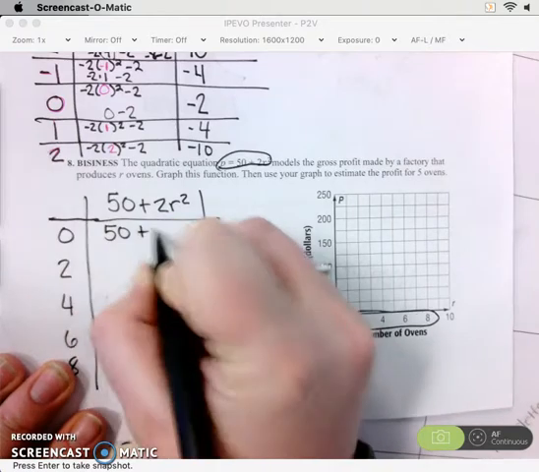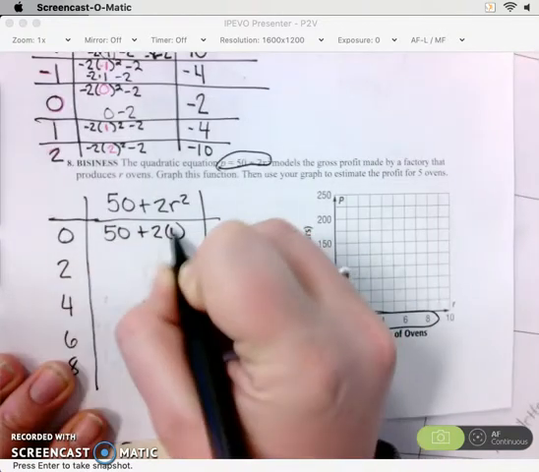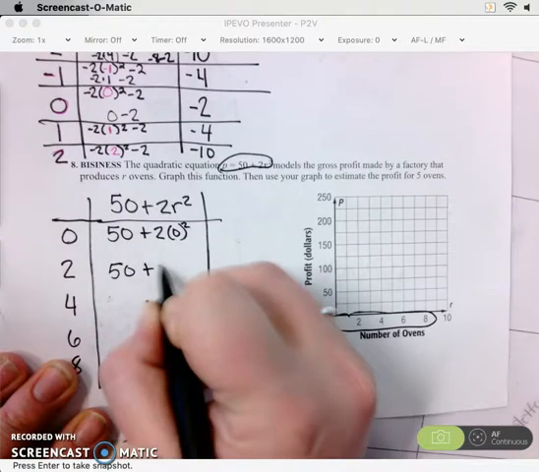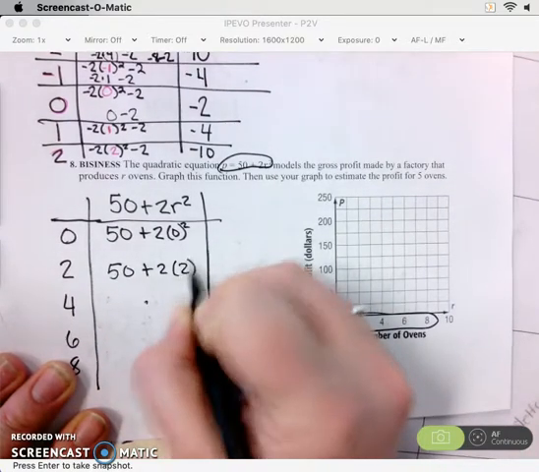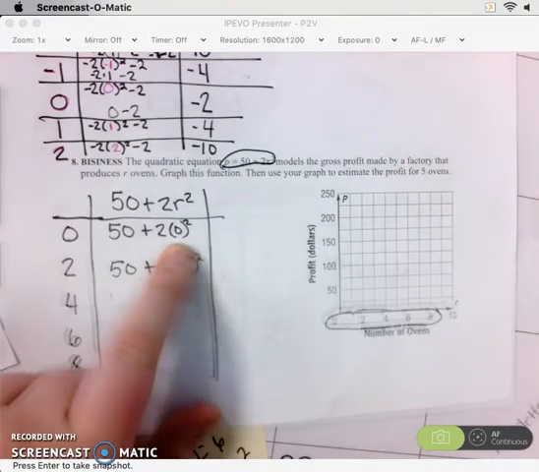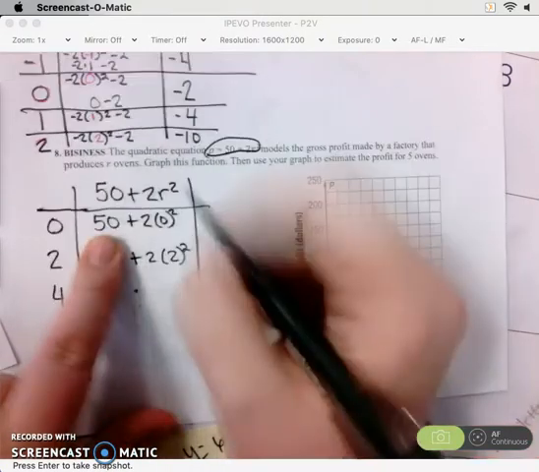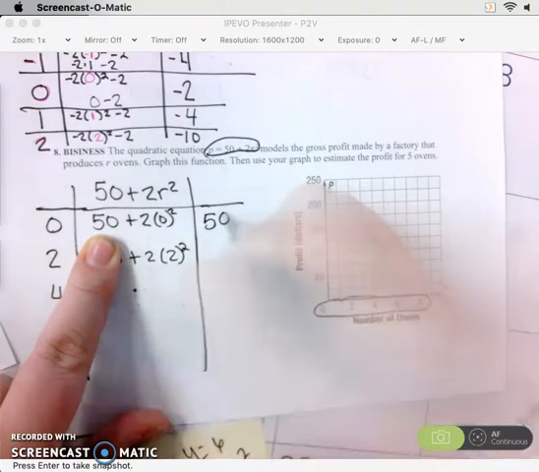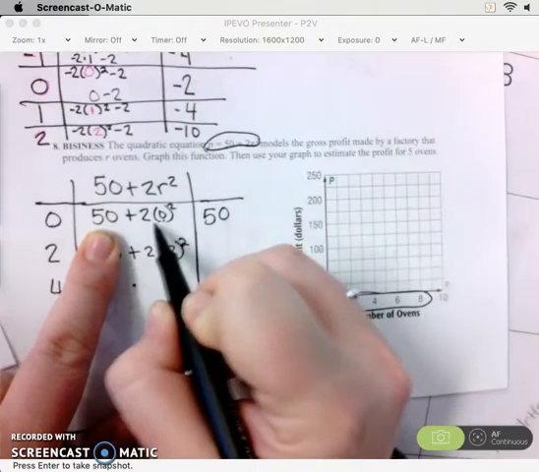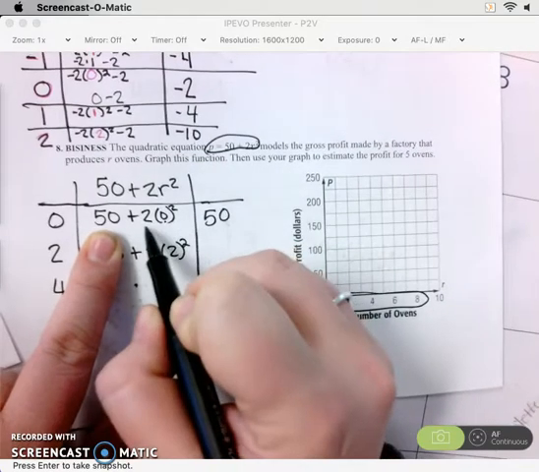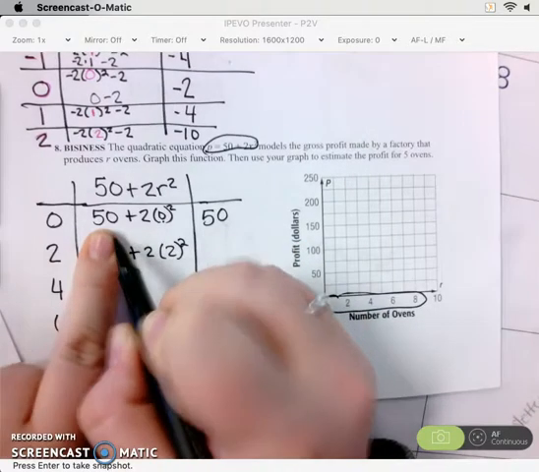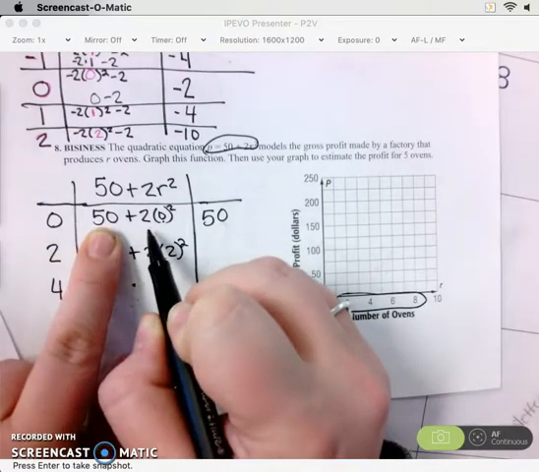50 plus 2, instead of r, I'm going to put 0 in there, square it. 0 squared is 0, times 2 is 0, plus 50 is 50. You do not add 50 plus the 2.